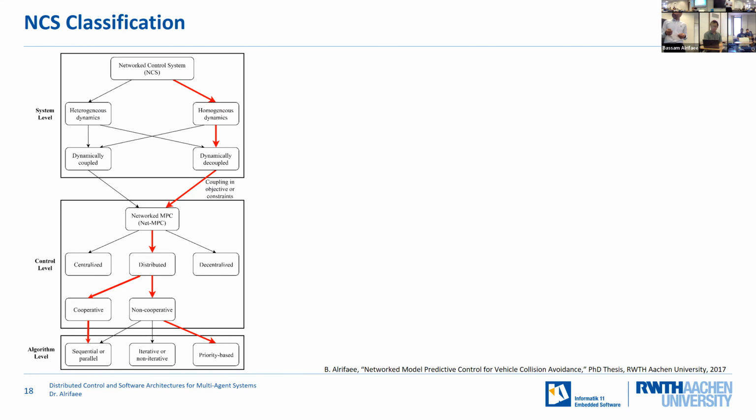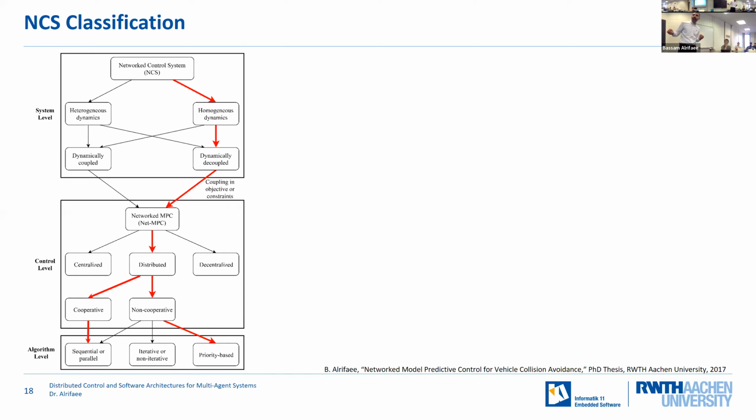So this is our classification of NCS. I say it, don't worry if you cannot read it. So we classify it into homogeneous and heterogeneous dynamics. In homogeneous, we take care of dynamically decoupled systems. And the coupling is happening in the optimization, in the objective function, or in the constraints.